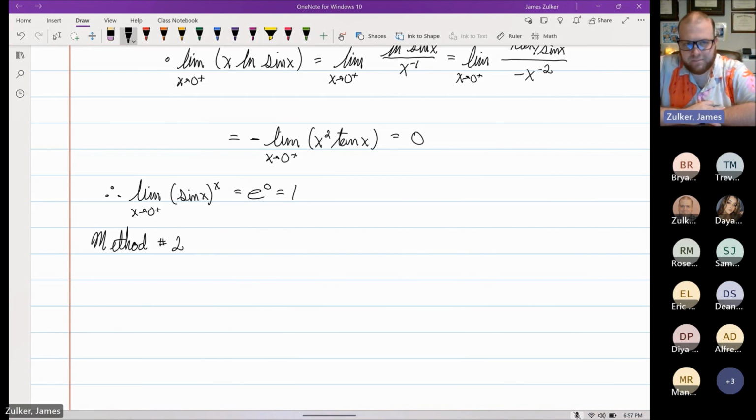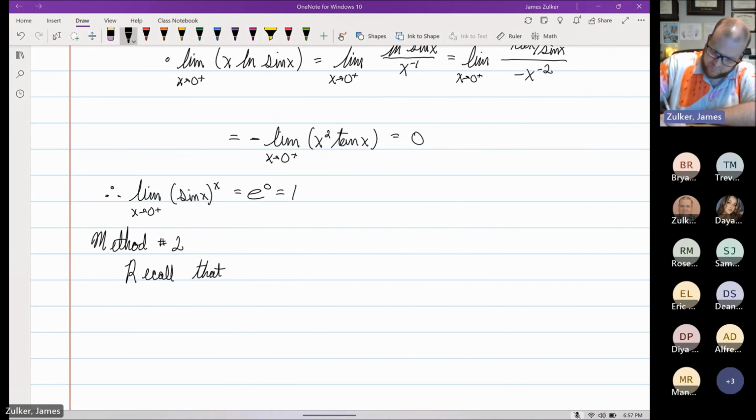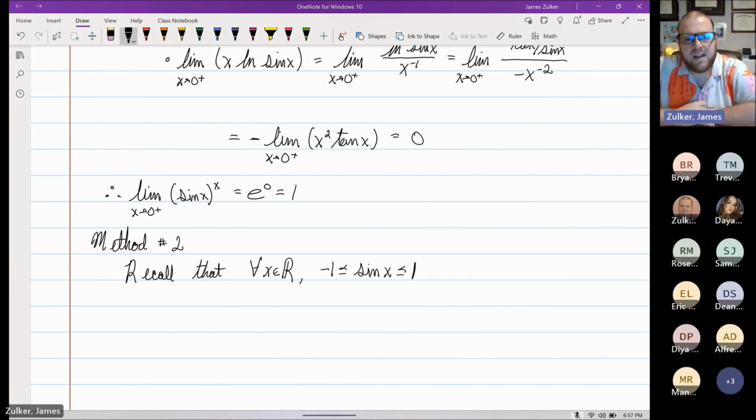Second method. For all real numbers x, sine of x is between -1 and +1, right?